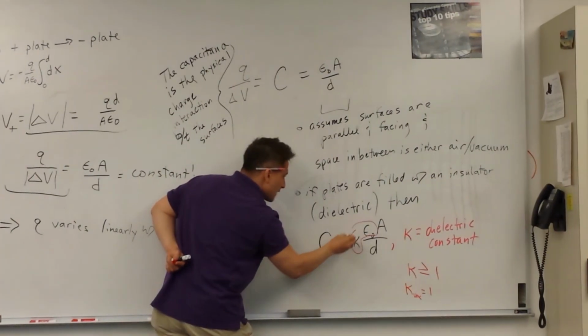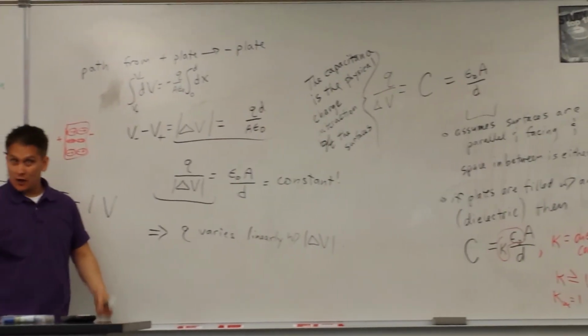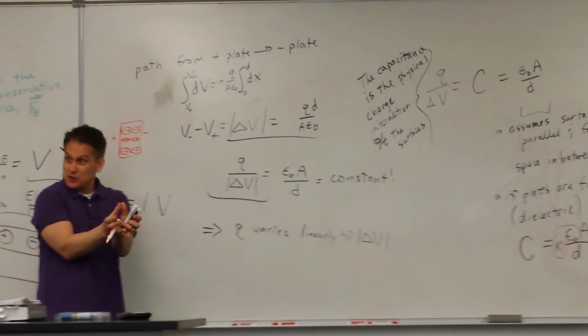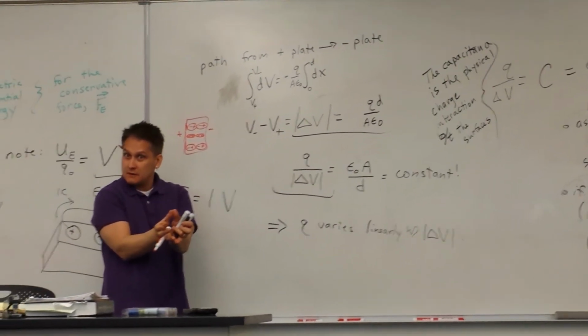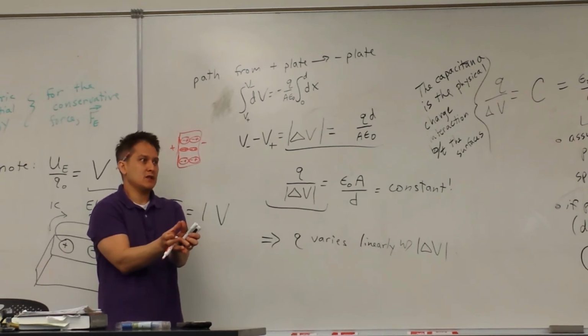This quantity here, by the way, the dielectric constant times the fundamental permeability constant, we sometimes call that the effective permeability constant, or the effective epsilon.